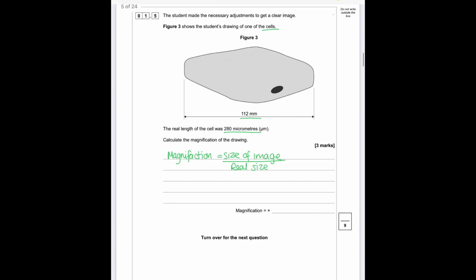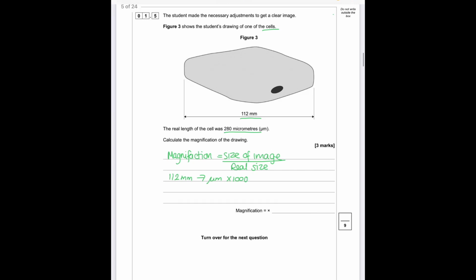Now, first of all, we need to make sure that the real size and the actual drawn size of the image are in the same units. So if I'm going to change 112 millimeters into micrometers, I need to multiply it by 1000.